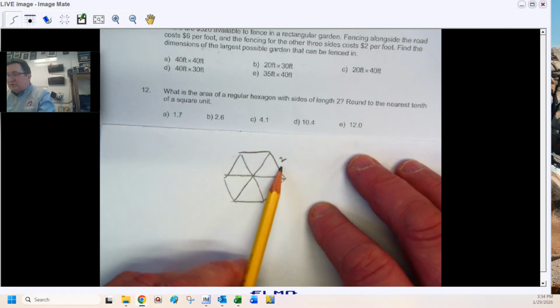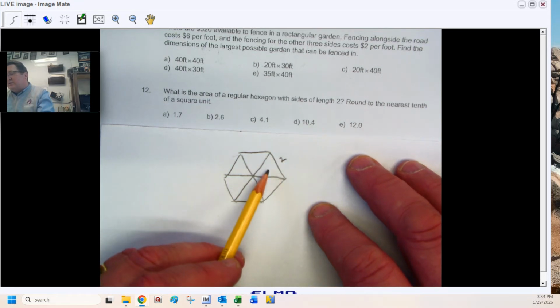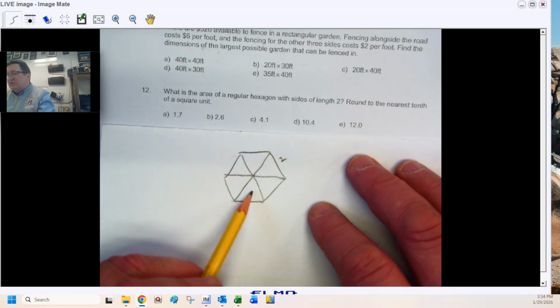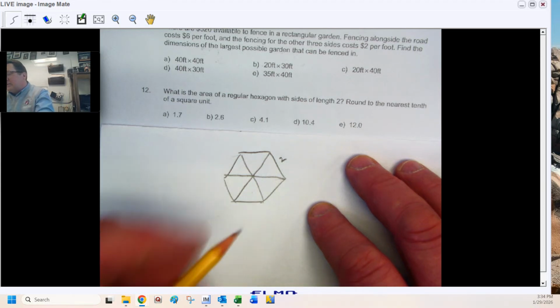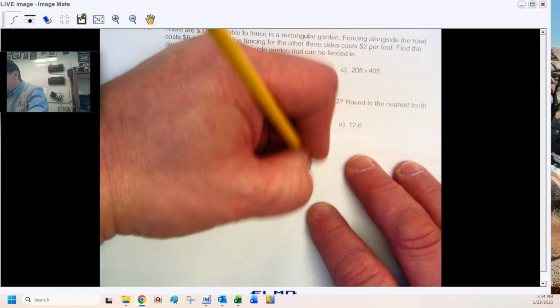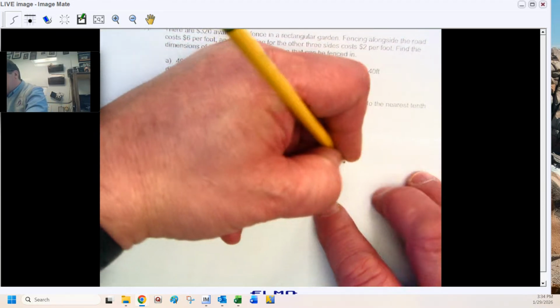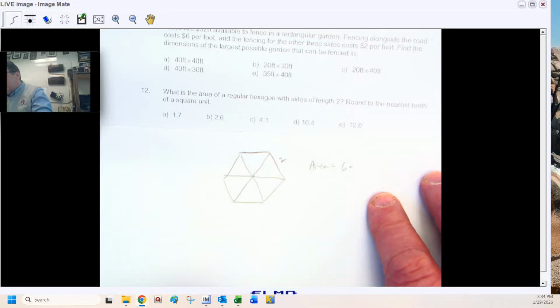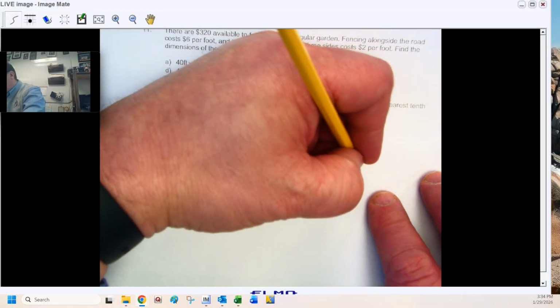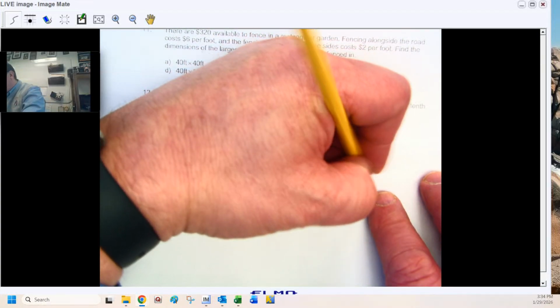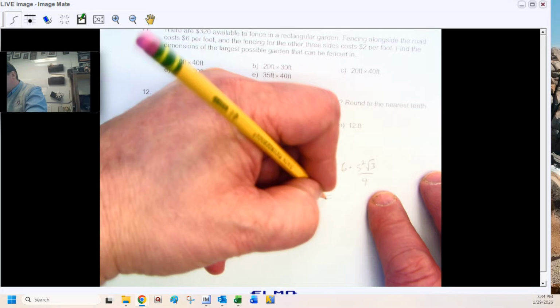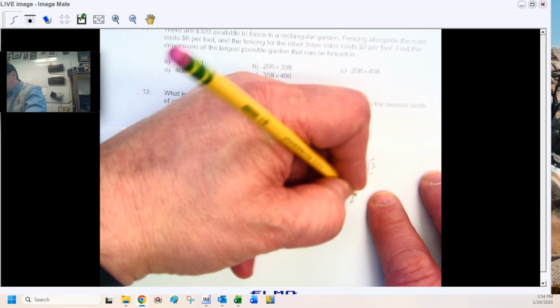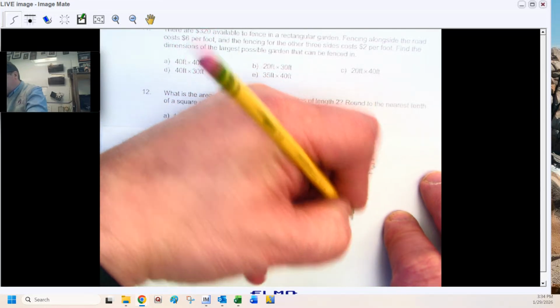This is 2, okay, and so we have 6 triangles that are equilateral with side 2, and so the area that we're interested in is going to be 6 because there's 6 triangles. And then the area of an equilateral triangle is s squared root 3 over 4. So more on that in a second. But so our answer would be 6 times 2 squared root 3 over 4.